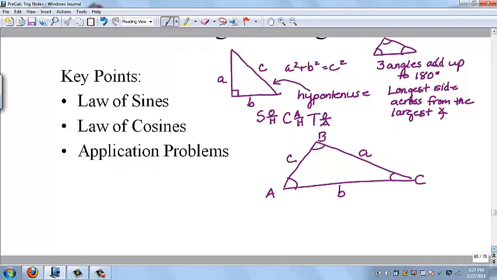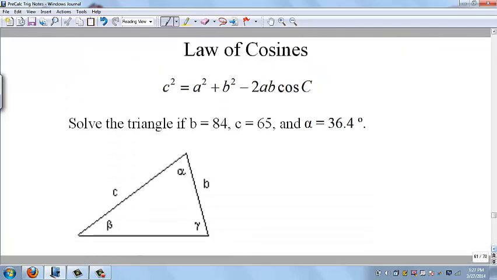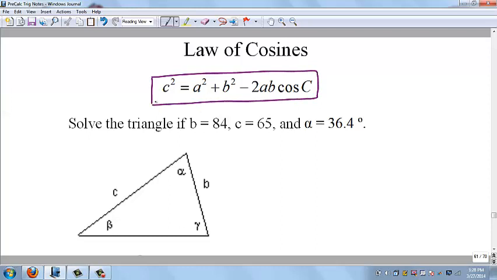Okay, so let's look at the first law, and the first law we're going to talk about is the law of cosines. It's called the law of cosines because cosine is in it. This is a pattern: the small or lowercase letters are the sides, and the large letters are the angles. I'm going to rewrite this because they used alpha, beta, gamma.